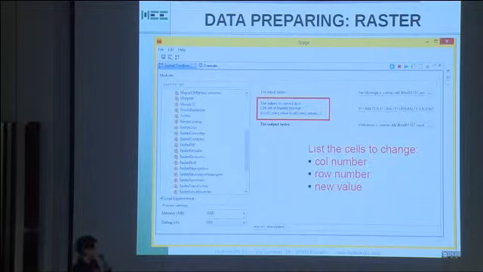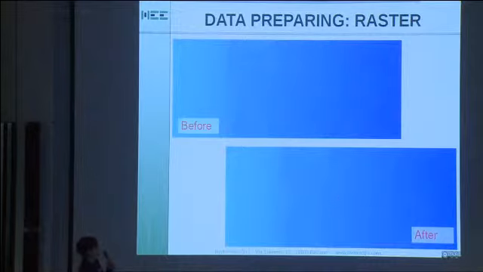So for example, you can give here the number of the column, the row, and the new value you want to change. In this case, as you can see, before it was almost all blue, and then I could create these pixels with other values. So you can correct and modify the raster.